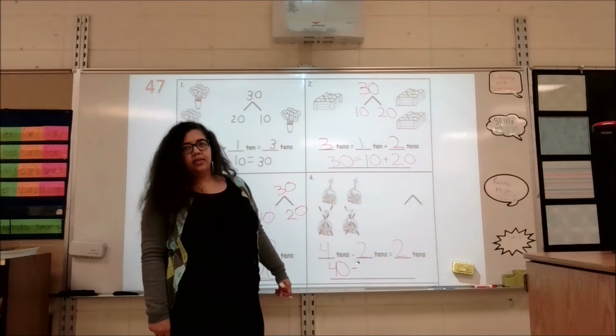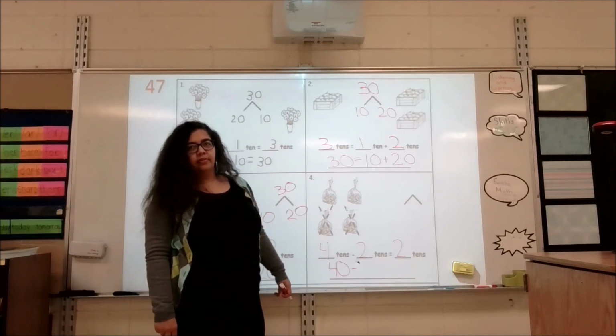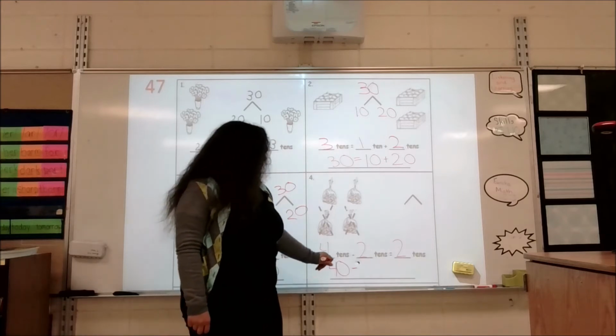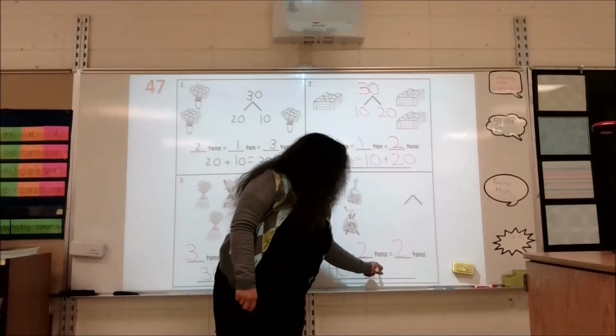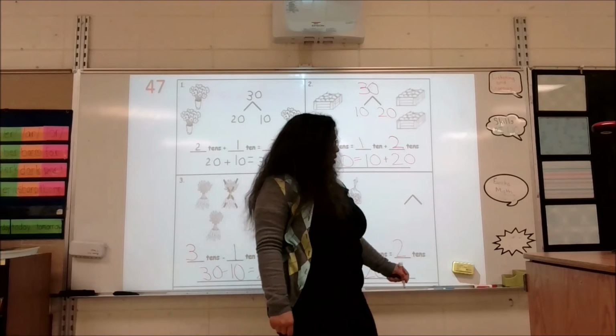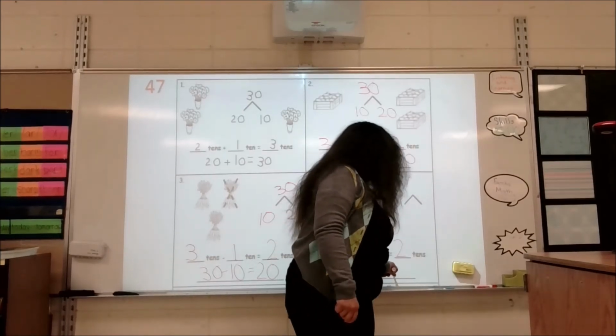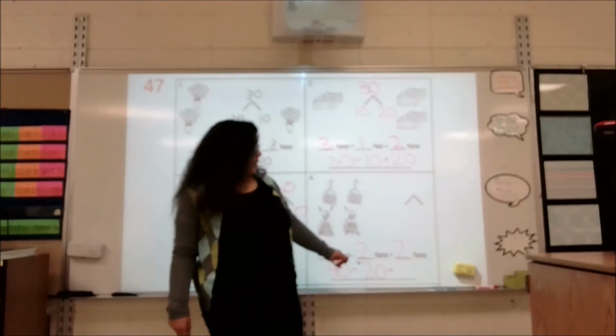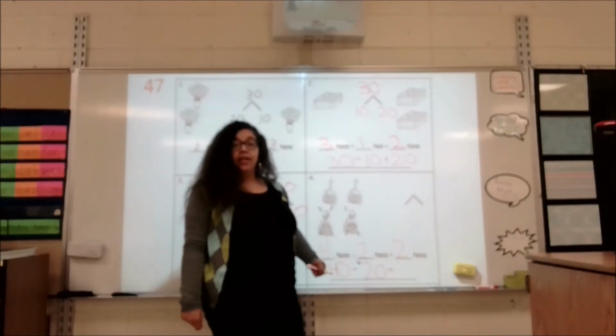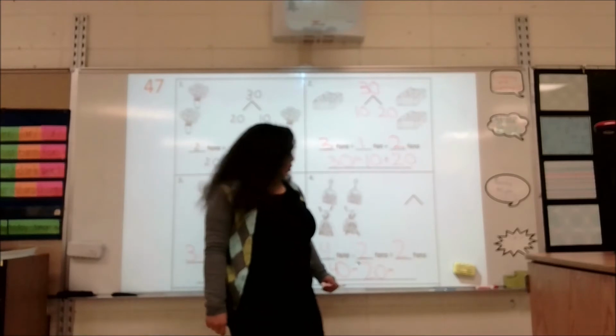What's the value of 2 tens? Great job. 20. The value of 2 tens is 20, which leaves us with the other part. The part that is left is another 2 tens. What again is 2 tens? 20. Excellent.